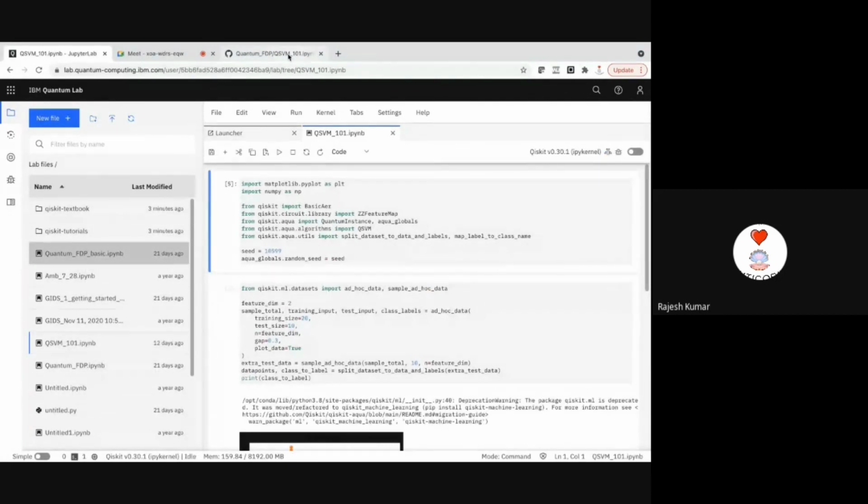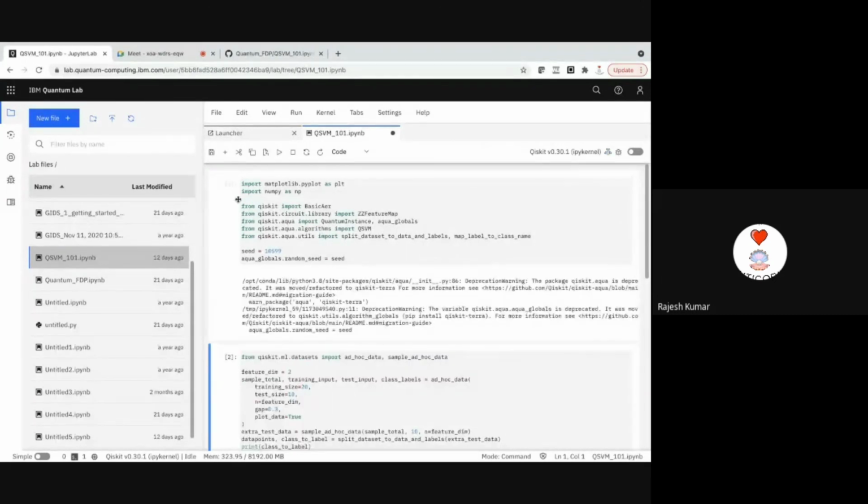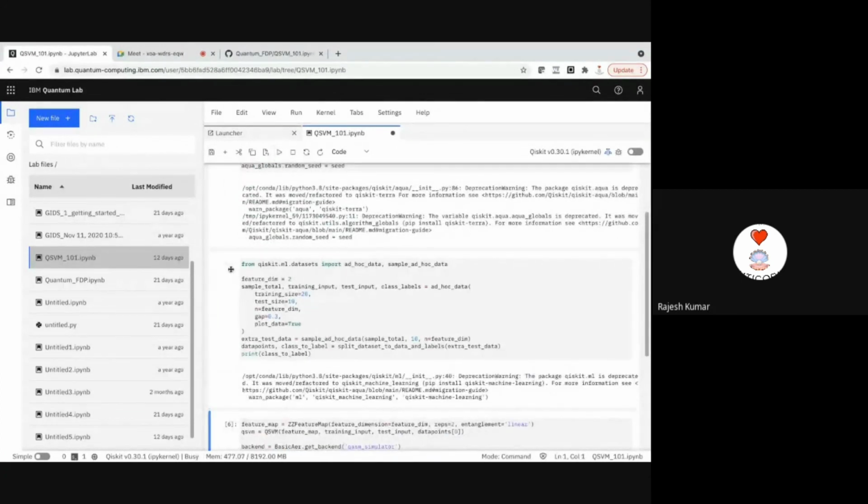What is this? QSVM. Yeah, QSVM is there. So the first cell got executed right away, and the second cell I'm executing. You will see the star there. It's just trying to split the data and all.